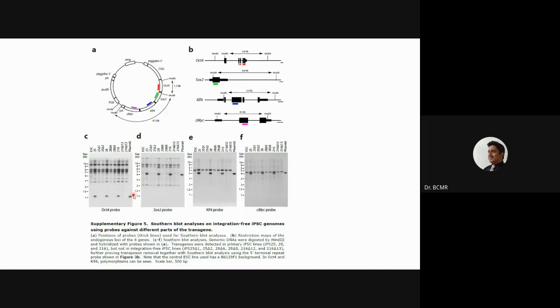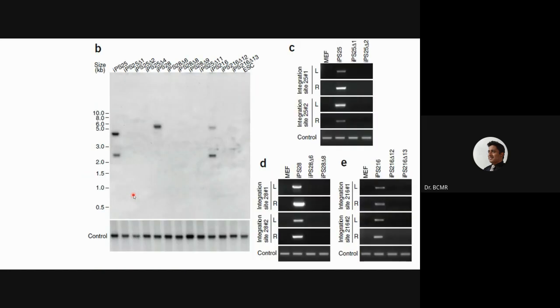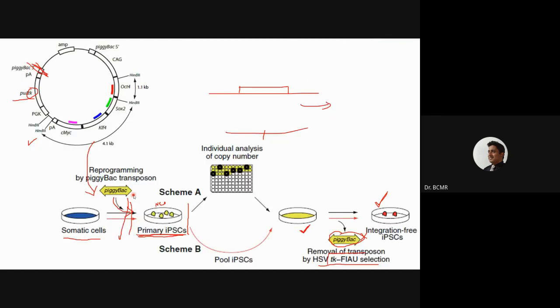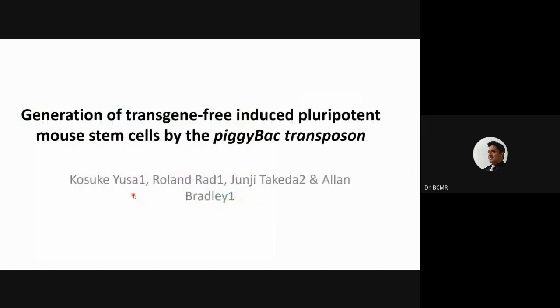What I want you to do now is to read this particular paper, which is given to you along with the materials. This is the title of it: Generation of Transgene-Free Induced Pluripotent Mouse Stem Cells by piggyBac Transposons. Have a look at it and read it thoroughly.